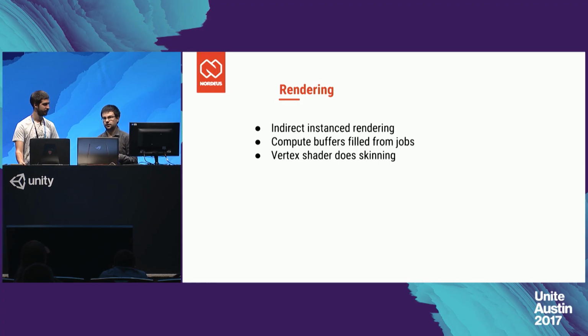How did we do that? Well, we took all of the animations at the beginning, at starting the game, sampled them at a certain frame rate, and baked all of the bone positions and translations into textures. All animations for the same minion type went into the same texture, so we could render all minions of the same type together, no matter what animation they're playing at the moment.